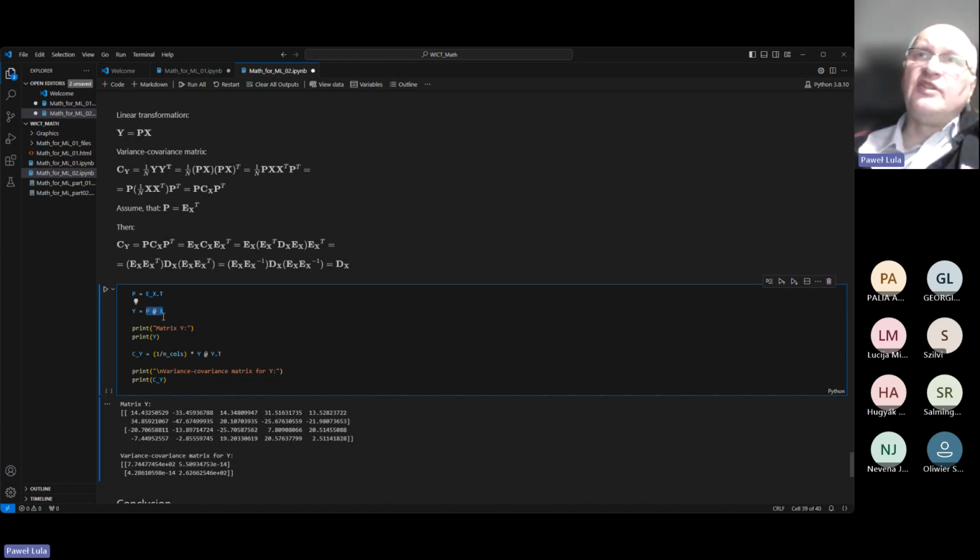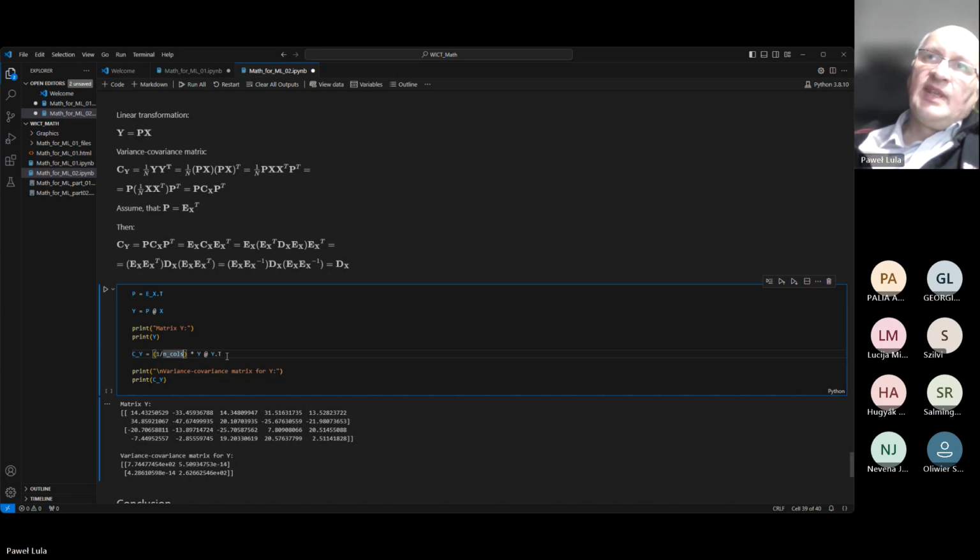Original means after centering. I calculated new coordinates. And here I displayed this matrix. And I calculated variance-covariance matrix for my new data set. It is here.